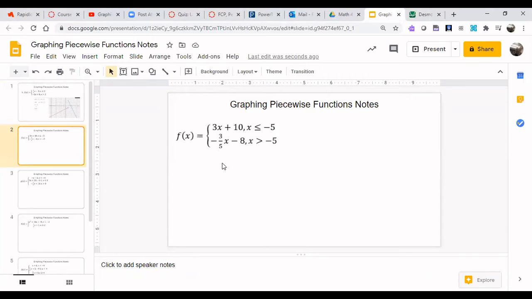All right, so same thing. You got 3x plus 10 when x is less than or equal to -5, the function is -3/5 x minus 8, and the function is greater than -5.